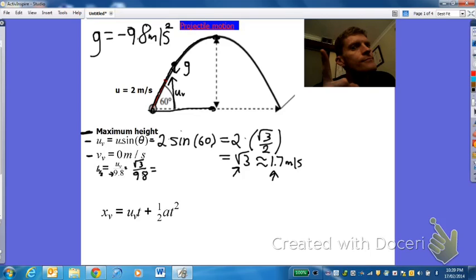From there, we're going to have to bring up our calculator, and we'll find that gives around about 0.17 seconds.